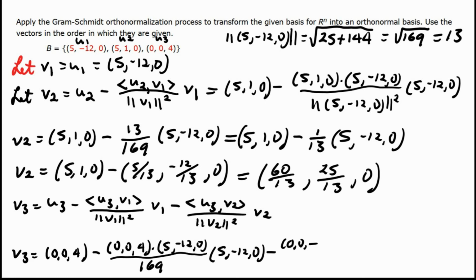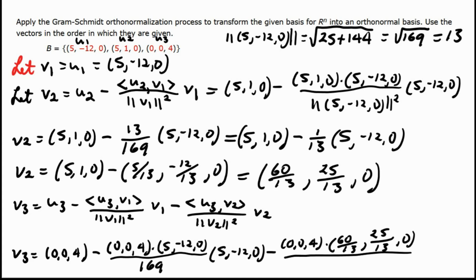u sub 3 dotted with v sub 2, and v sub 2 we just got, that's (60 over 13, 25 over 13, 0), all over its norm.